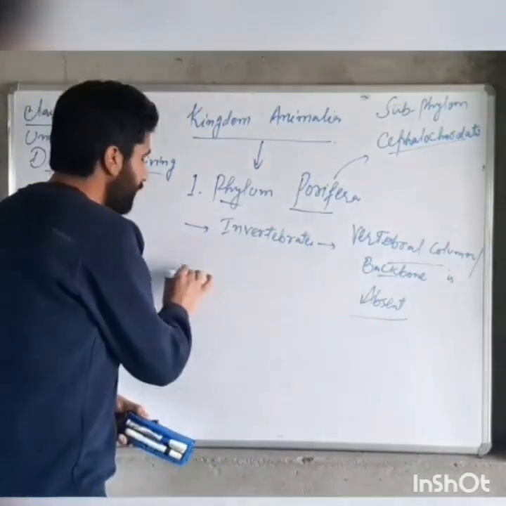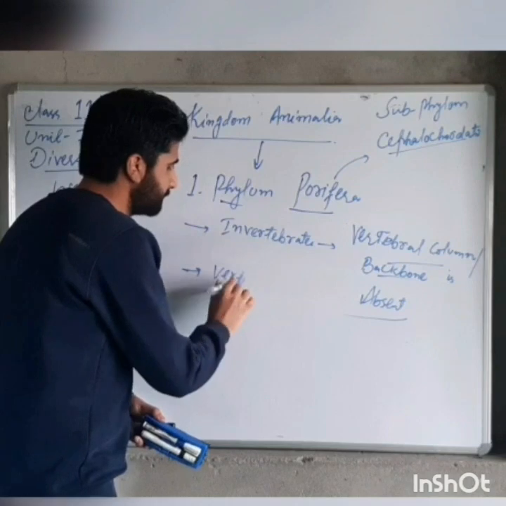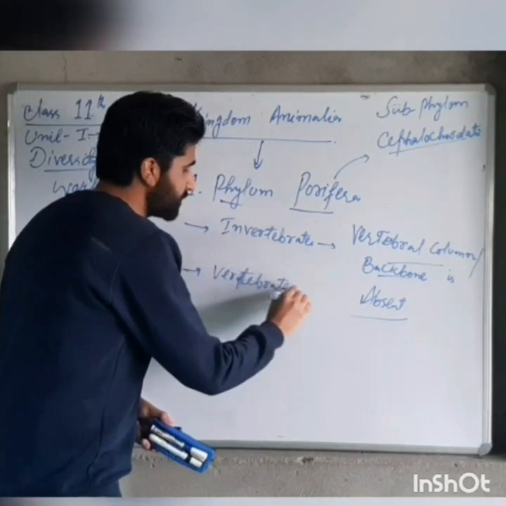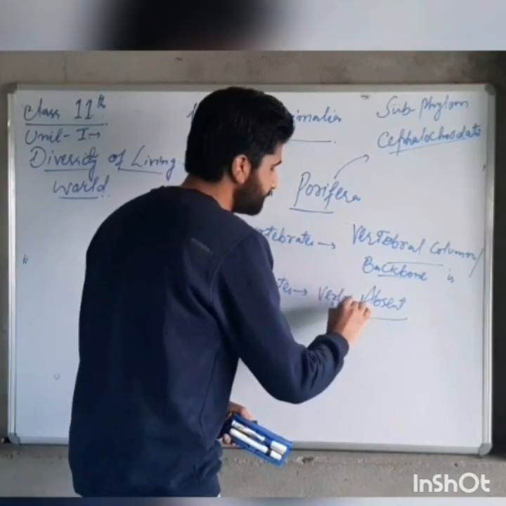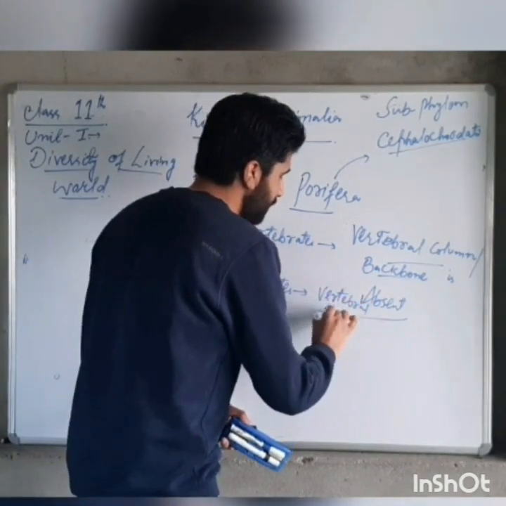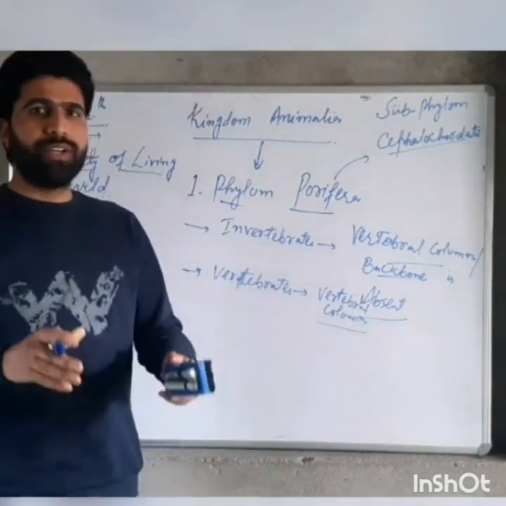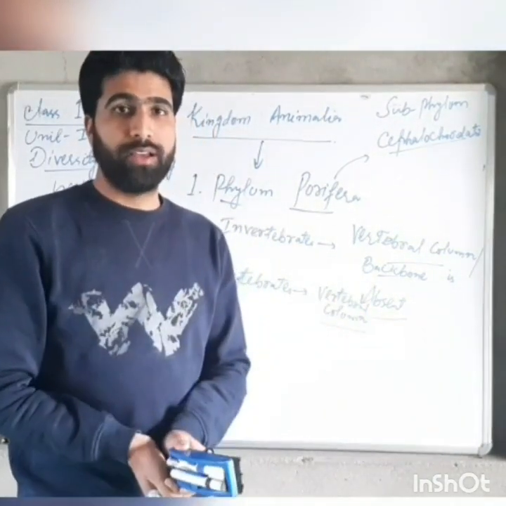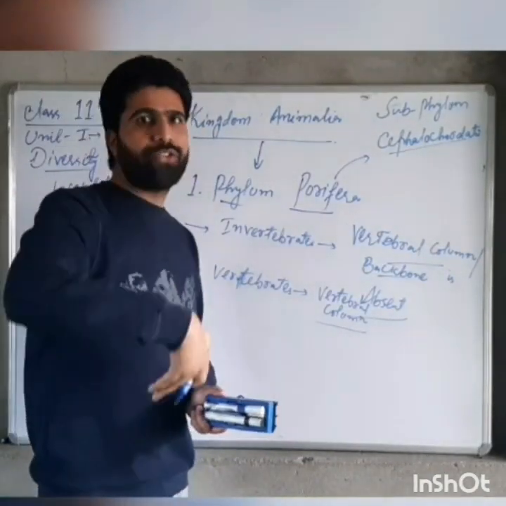Now those which have a backbone, exactly the opposite term comes. It's called vertebrates. So the second term is vertebrates. Here the backbone is present, vertebral column present. Earlier I told you about the notochord, that's actually replaced by the vertebral column. Most people say that notochord gets transformed into vertebral column.